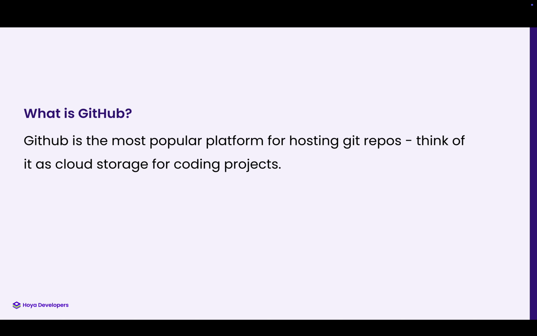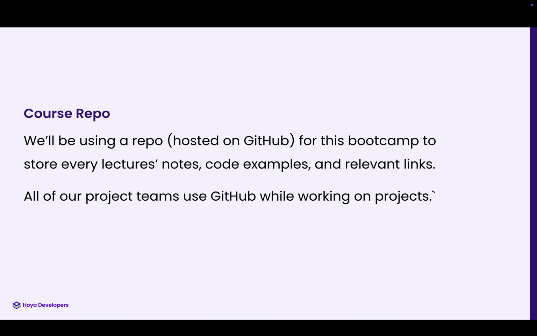GitHub is its counterpart, right? Git is a software on your computer, and GitHub is a website. Think of it as cloud hosting for coding projects, very similar to an iCloud or OneDrive, except it's dedicated to Git repositories. The reason we're setting this up today is that I will be using a Git repository hosted on GitHub as the centralized location to store every lecture, slides, and any code we write.